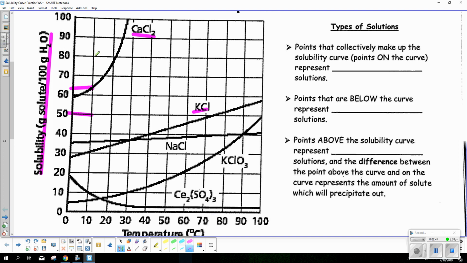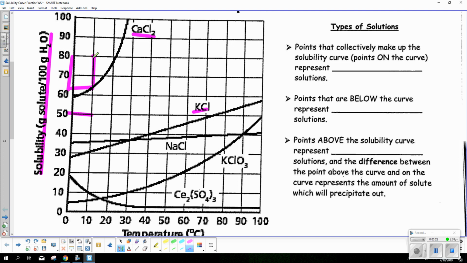If you're above the line, there are two things that could possibly be happening. You can have something called supersaturated, if the material still dissolves, but that's a very rare occurrence. Typically, if you're over the line, you added too much calcium chloride to the water at 10 degrees, and the excess will be at the bottom of your container, and it will not dissolve no matter how much you stir the solution.